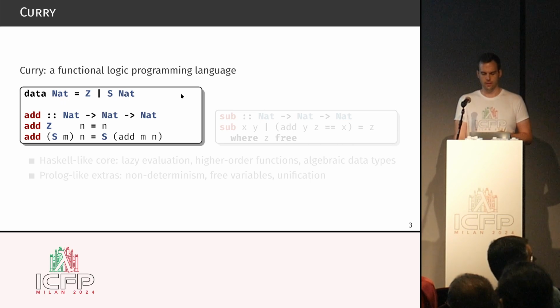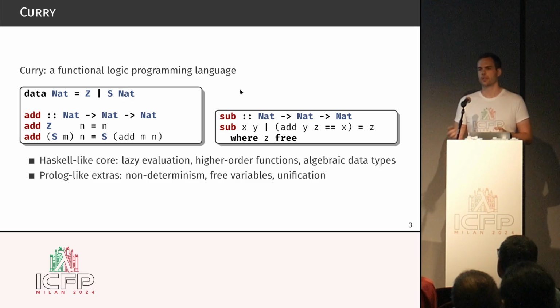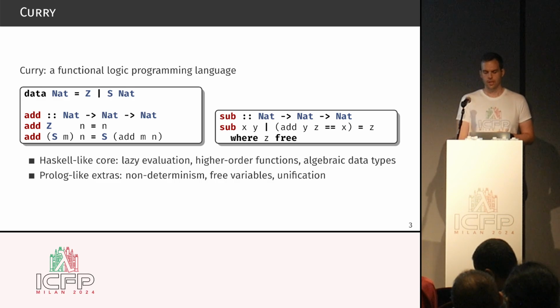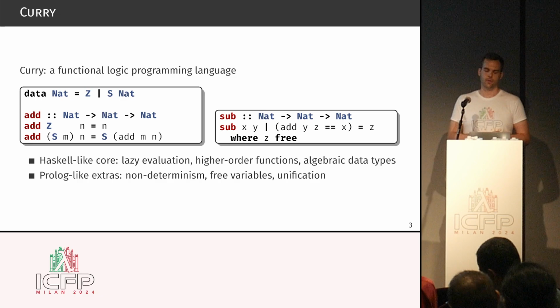But what we can also do is that when we write a subtraction function, instead of writing another recursive function, we can reuse that add function by introducing a logic variable like from Prolog.